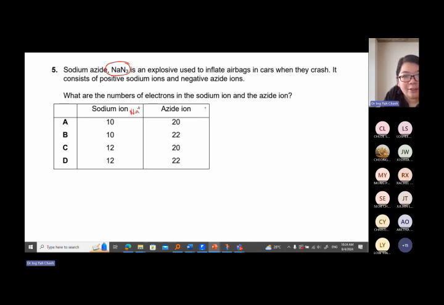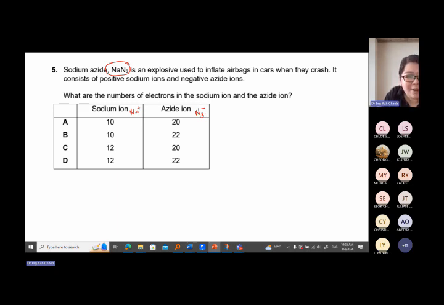This will be the cation, and the anion will be N3 negative. Na is always positive, it's a group 1 element. It forms a +1 cation. So to balance the charge of positive one from sodium, you need the anion to be -1 charge. So the N3 has a -1 charge.